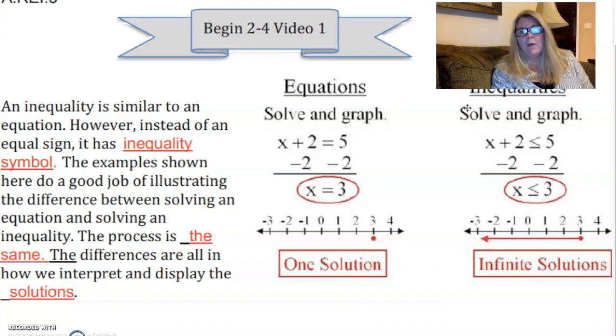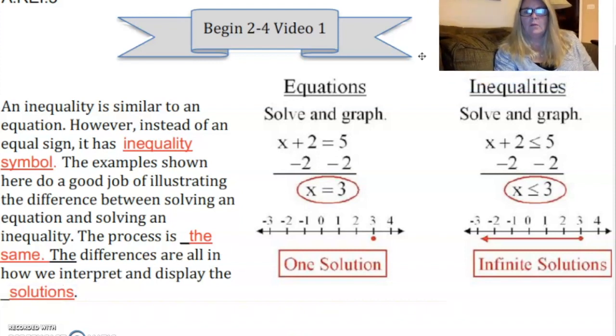So in both an equation and an inequality, we do the inverse operation. Here, to get rid of the 2, it's being added, so we subtract. Over here with an inequality, we do the same thing. But an equation says this is exactly equal to it. There's nothing else. So you represent your solution right here on the number line with a single dot.